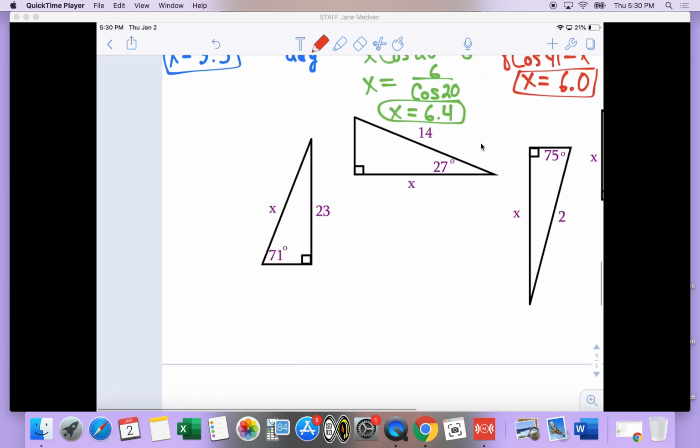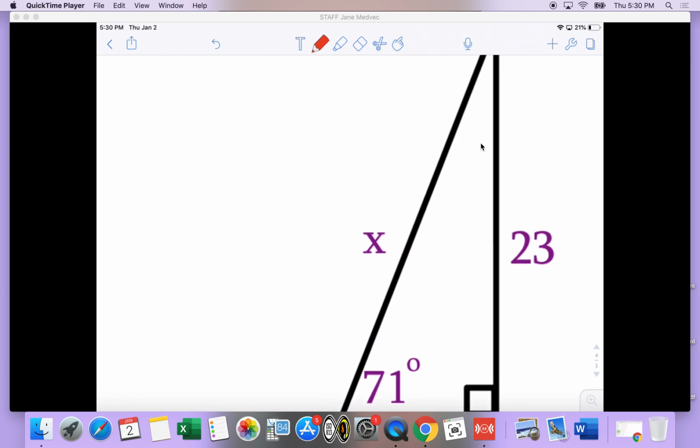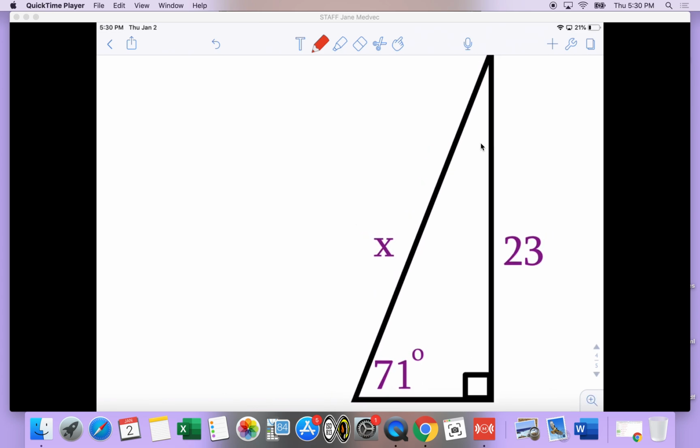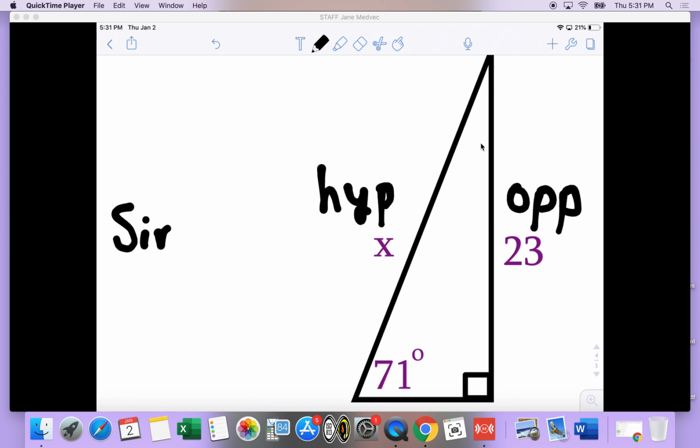Let's keep going. I'm looking at 71 degrees. This is my hypotenuse. This is the opposite. So I'm going to look at sine. A little bit different. So the sine of 71 equals 23 over x. Again, that's not sin. It's actually pronounced sine. So make sure that you say sine, not sin.